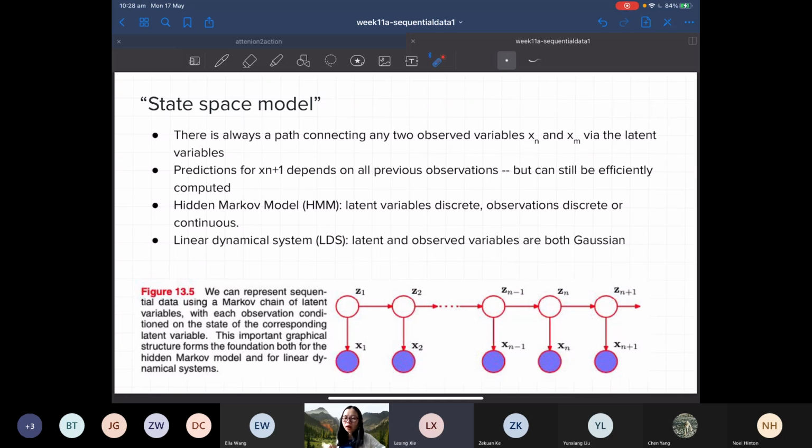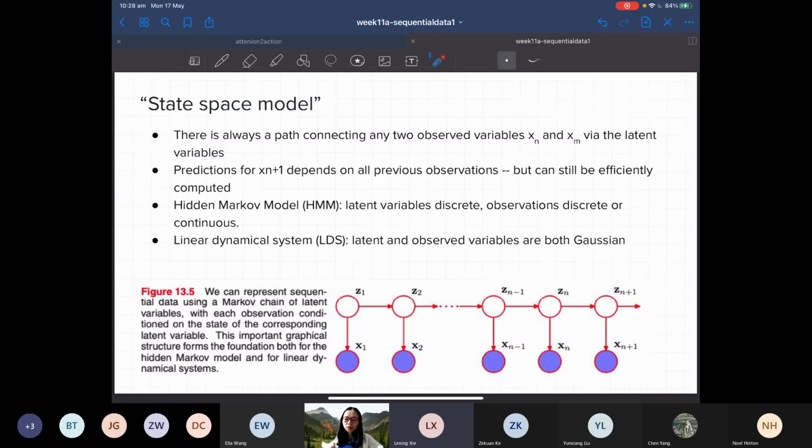As you will see, despite this flexibility, the prediction for xn plus 1 can still be efficiently computed, because once we condition on some of these latent variables, let's say if we assume we know what zn is, then xn plus 1 is actually d-separated from all the previous z's and x's as well.